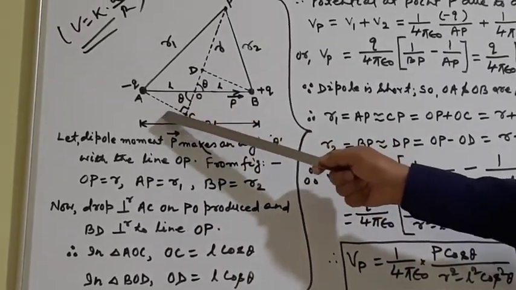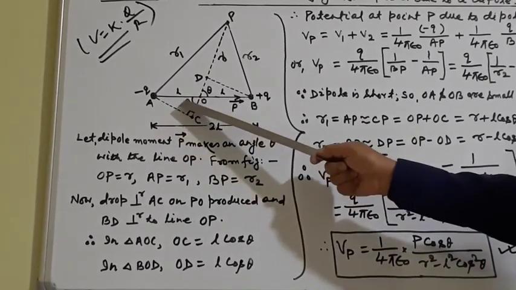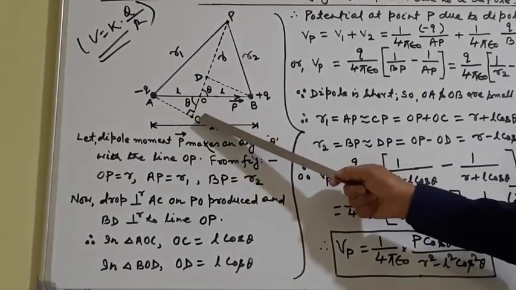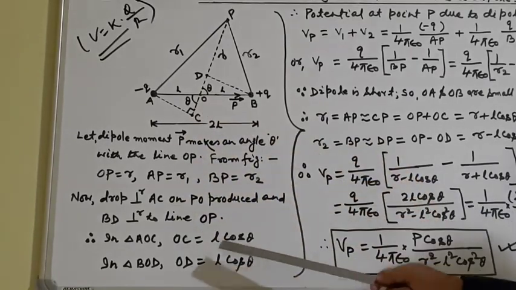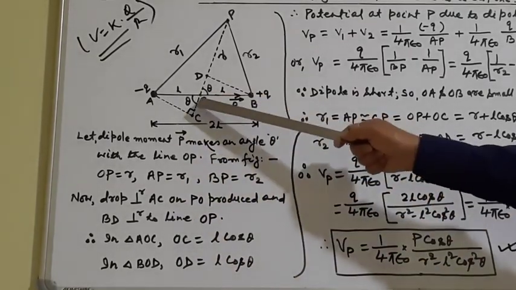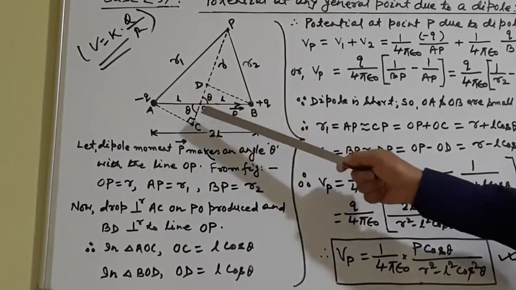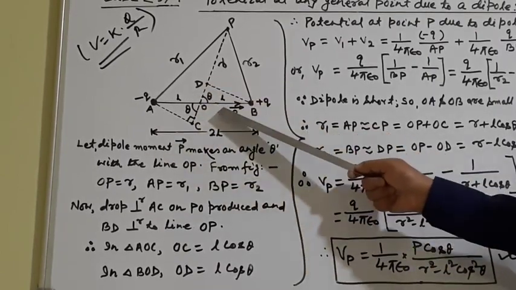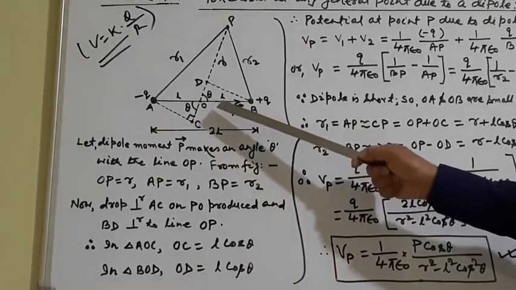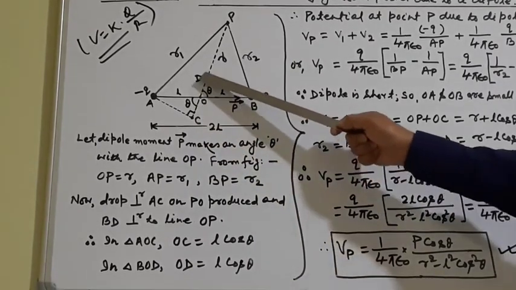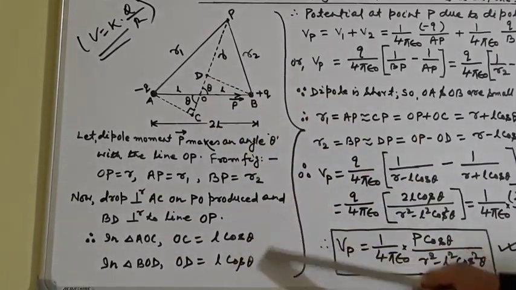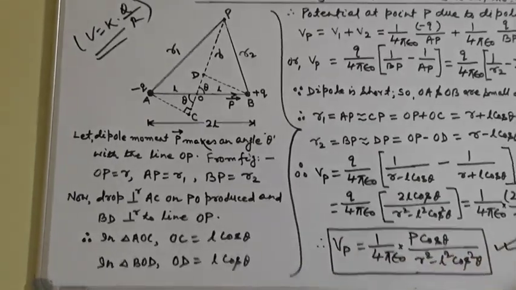This is the angle, this becomes the hypotenuse, l is the hypotenuse and OC is the base. So OC is equal to l cos theta. In triangle BOD, again OD is equal to l cos theta, because this is the hypotenuse and OD is the base. So this will help in the calculation of the potential.